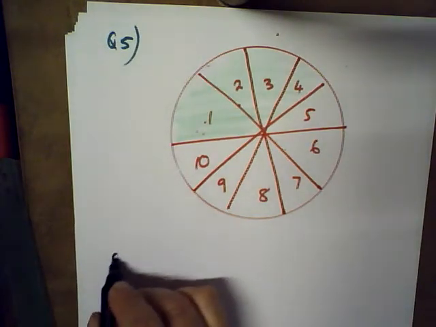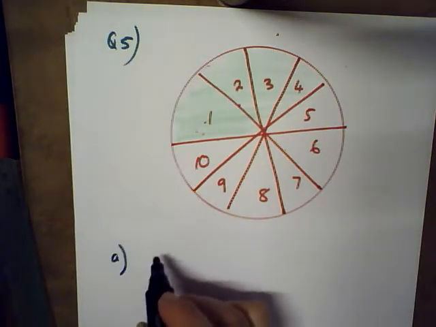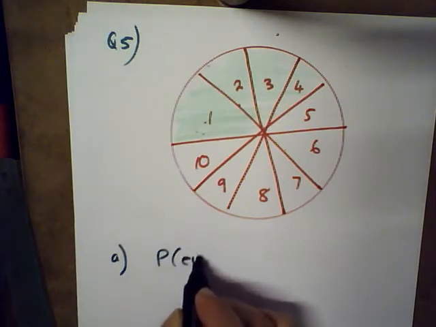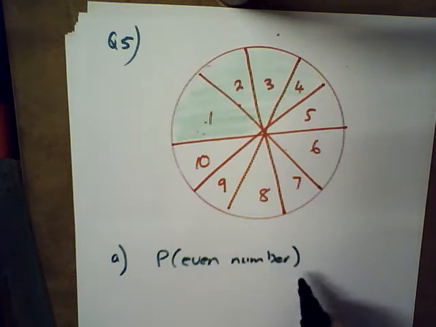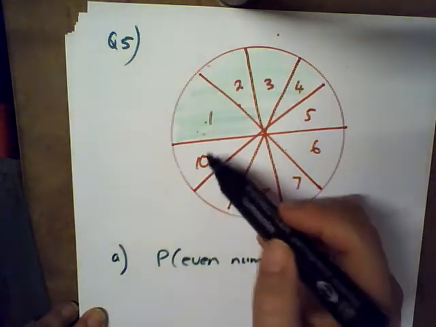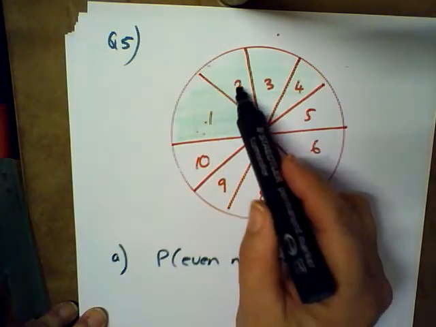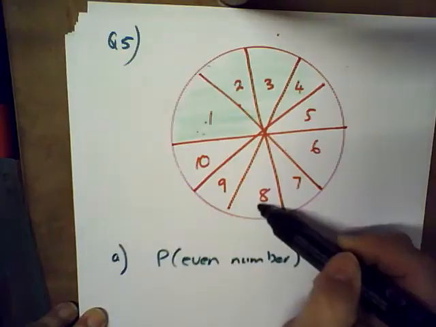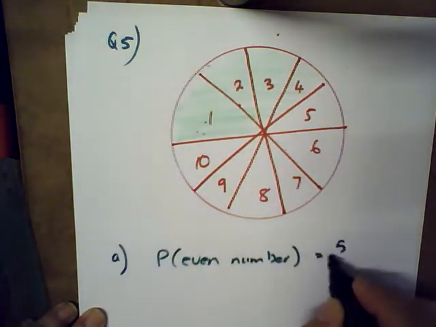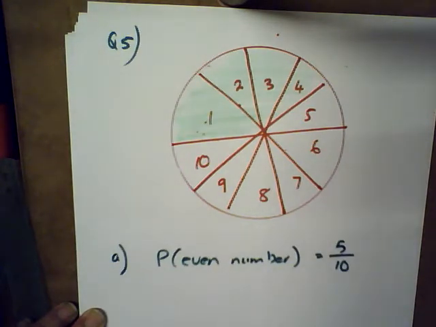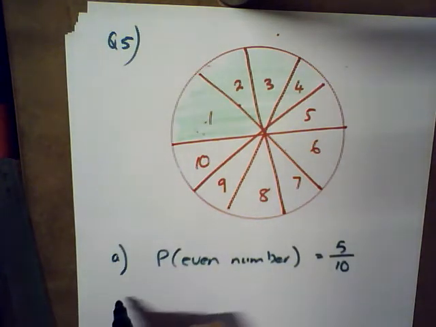So the probability that it would be an even number is going to be, there is 1, 2, 3, 4, 5. 5 even numbers out of a total of 10, and that's my answer. Okay, good.